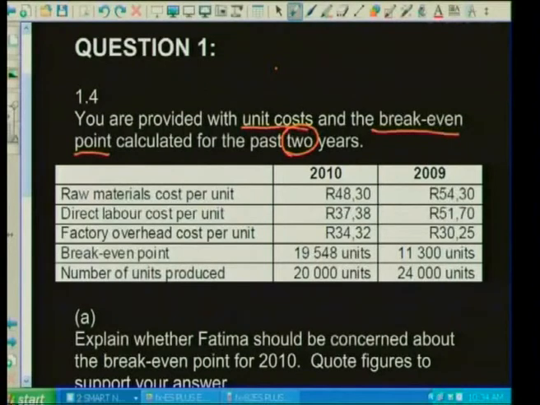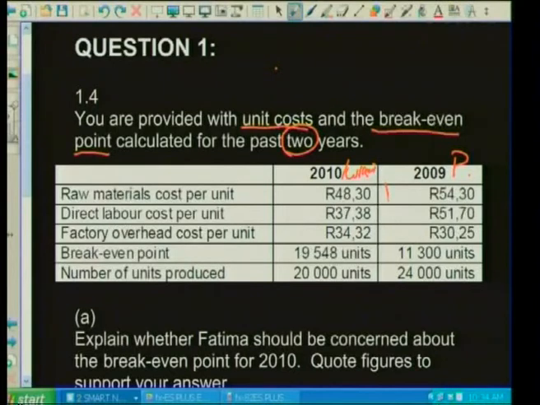So we've got 2010. I'm just going to remind you guys again, this is the current year. And then 2009 is our previous financial year. Raw material cost per unit from the previous year. Let's start with the previous year. 54 Rand and 30 cents.